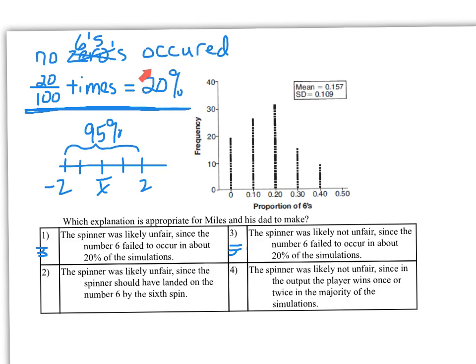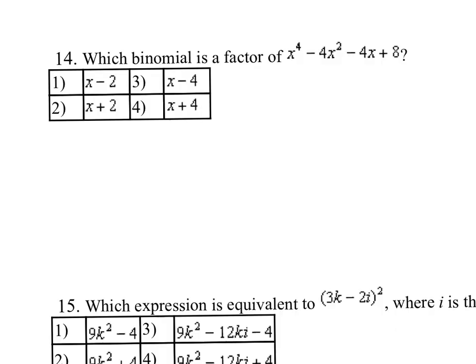Well, this percentage isn't less than 5% of the time. So getting no sixes isn't unusual. It's not statistically significant because 20% is going to fall within that confidence interval. So it's not unusual. So if it's not unusual, then we would say that the spinner is not unfair. So then if the spinner is not unfair, then we're going to say it's actually choice 3.